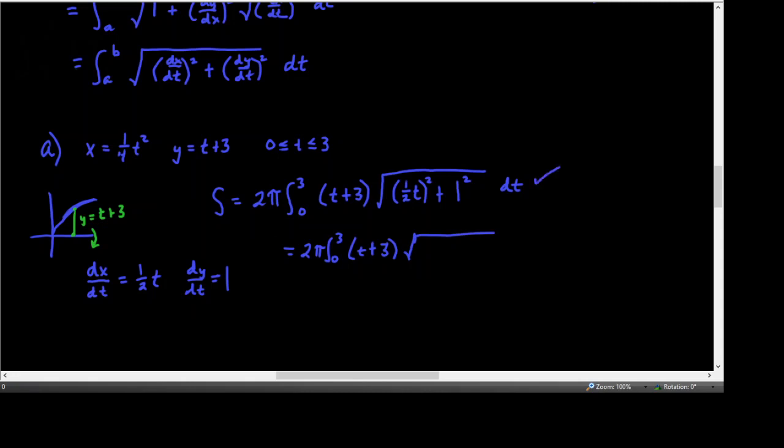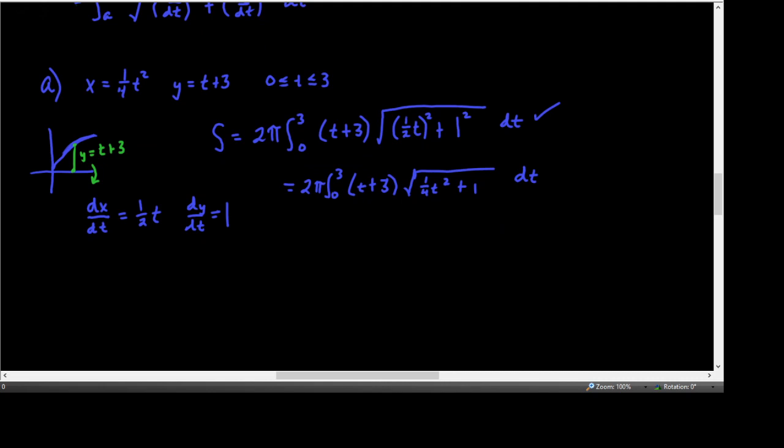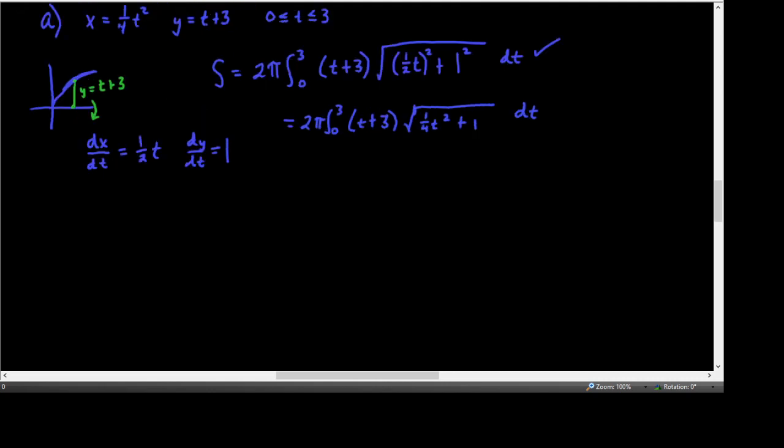Anyway, this would simplify to be 1/4 t squared plus 1 dt. If you just can't stand it, you have to do a little simplifying. That's it. Okay, but I would have taken the first answer I wrote, unsimplified, because if they just want an integral expression, I'm not looking for the simplified expression necessarily.